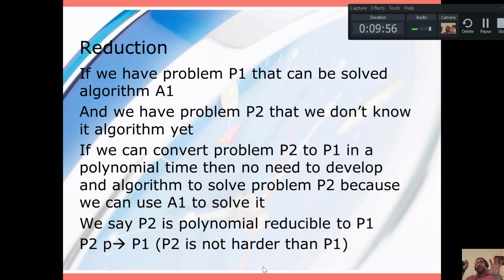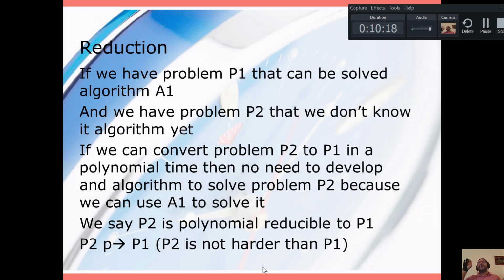So in the same way, if I can convert B2 to B1 in polynomial time, then I can say B2 is polynomial reducible to B1, and I can use the B1 solution, which is the A1 algorithm, to solve B2.